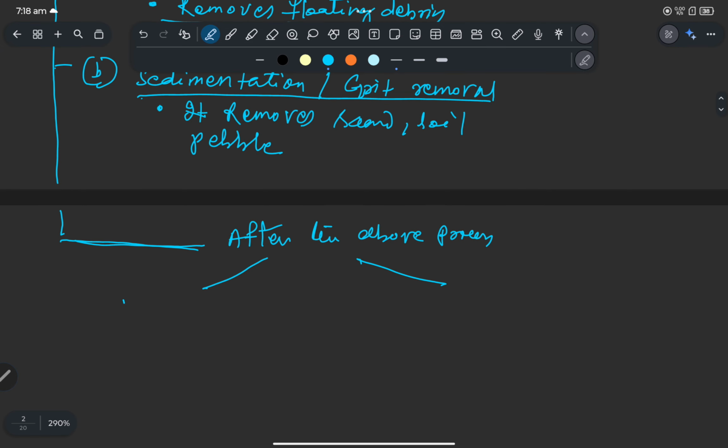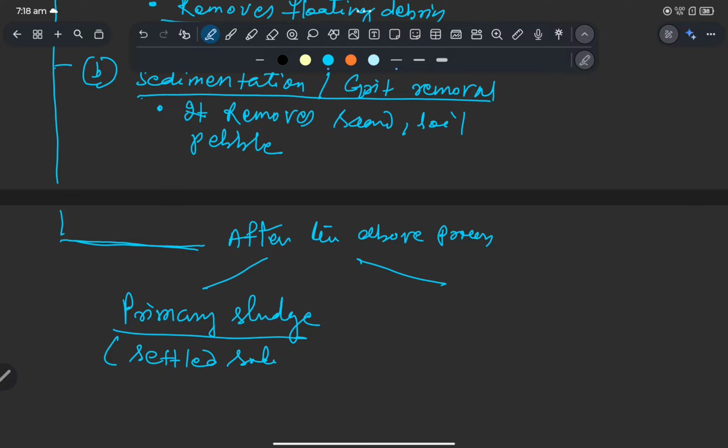One is primary sludge, and the primary sludge is the settled solid. And the other one is primary effluent, that is the liquid part.